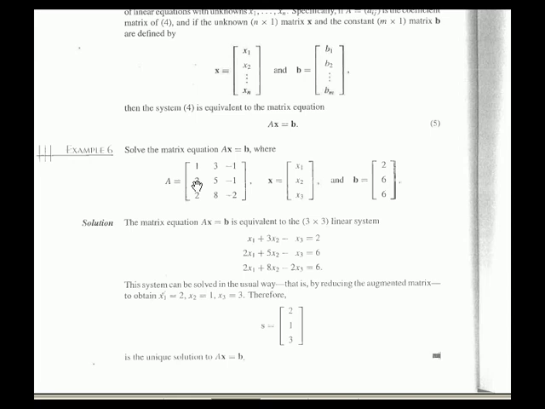The second component of AX is the dot product of the second row with the first and only column, 2x1 plus 5x2 minus x3, and that's got to be equal to the second component of B, which is 6, and so forth. So we'll often write a linear system as AX equals B, where X are the unknowns, B is the right-hand side, and A are the coefficients: 1, 3, minus 1, 2, 5, minus 1, 2, 8, minus 2, and so forth.